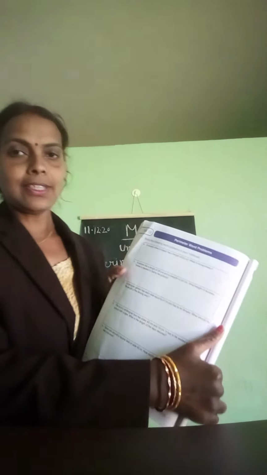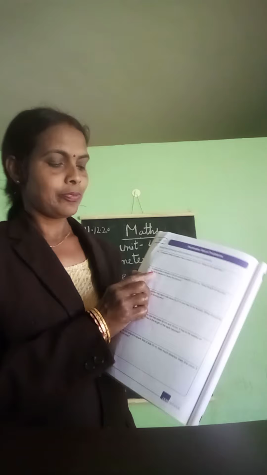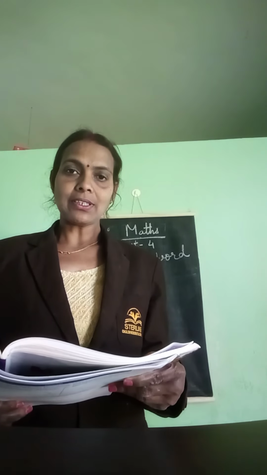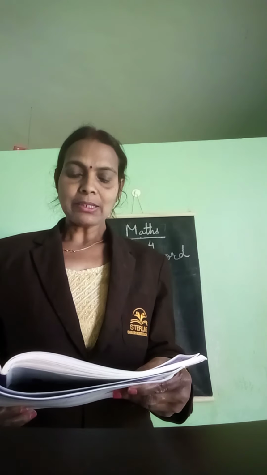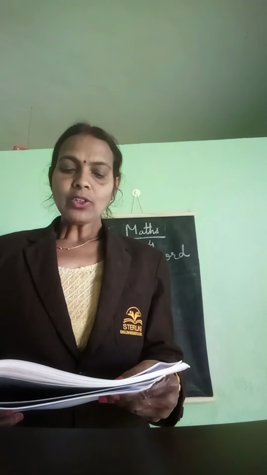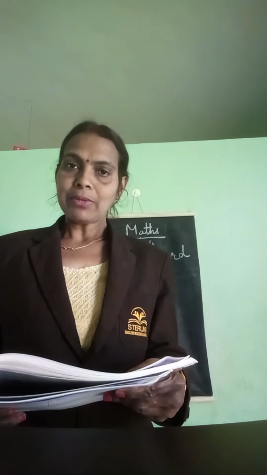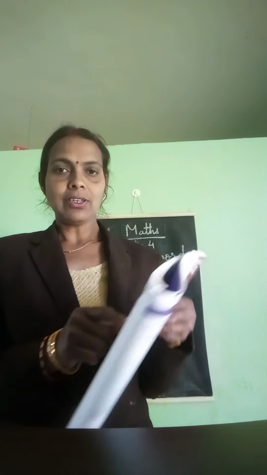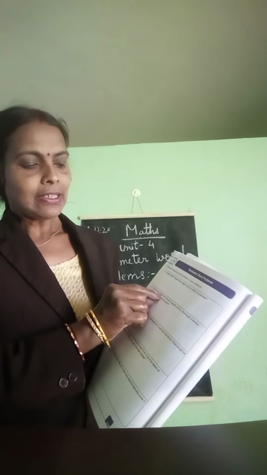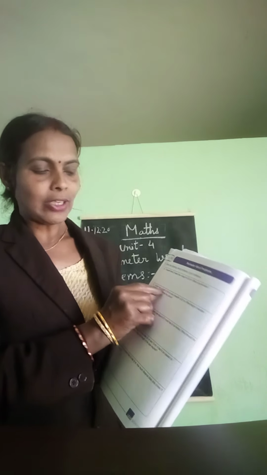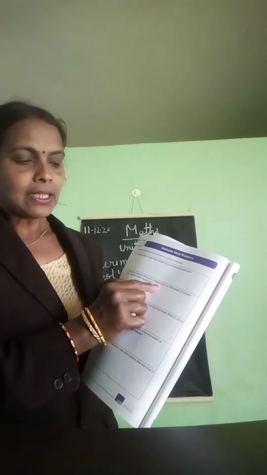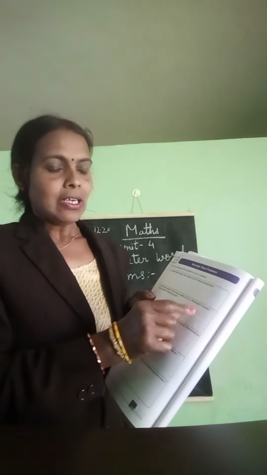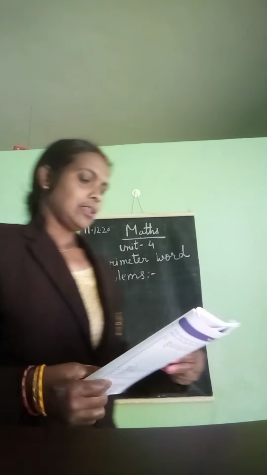Now see the second question. A picture has length of 30 centimeter and breadth of 20 centimeter. What length of wooden frame is needed to frame the picture? First you underline the keywords and numbers. Length 30 centimeter, underline this. Then breadth 20 centimeter, underline. And you draw first.